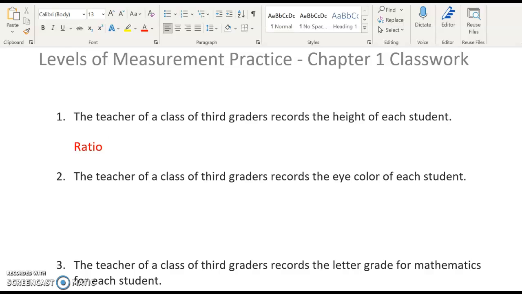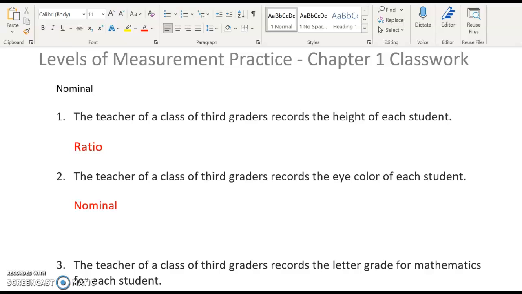Okay, the next one, the teacher of a class of third graders records the eye color of each student. Well, this is going to be nominal because eye color is not a number. And remember, nominal means name only, and it is also the lowest level of measurement that we use.